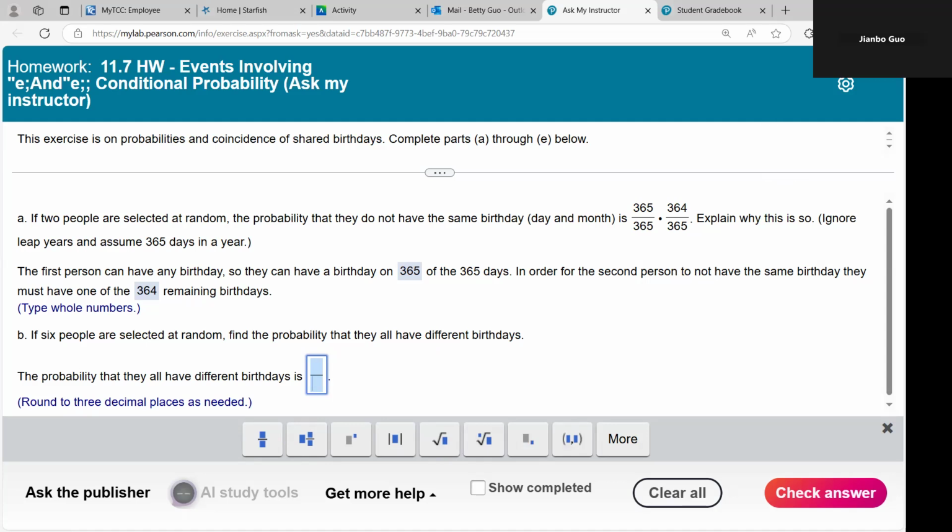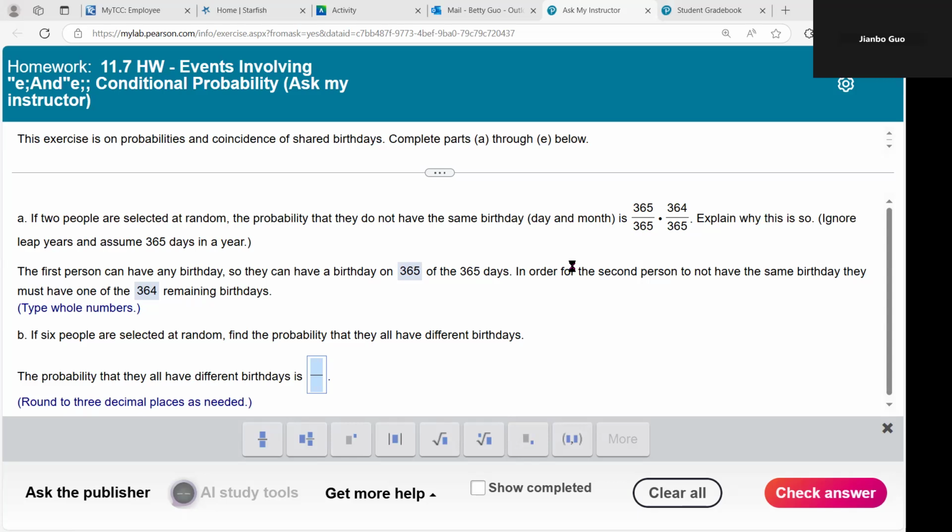So let me get my calculator here. If part A makes sense to you, part B is just a generalization of part A.